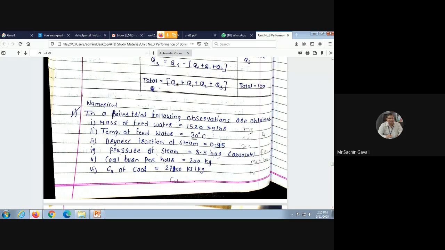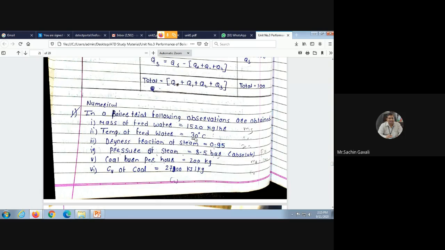Okay, so next, in the boiler trial following observations are obtained. Mass of feed water 1520 kg per hour, MS. Then temperature of feed water, 30 degrees Celsius.